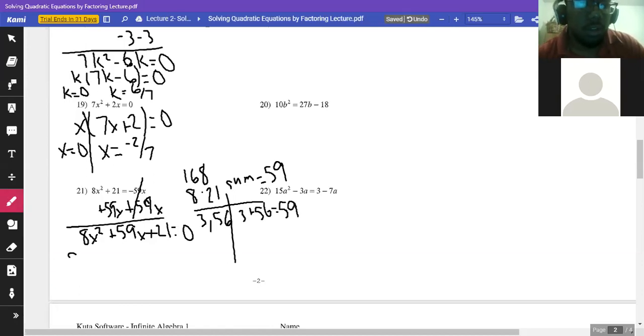Okay, so then I'm going to break 59x into 3x plus 56x. And then take an x out.